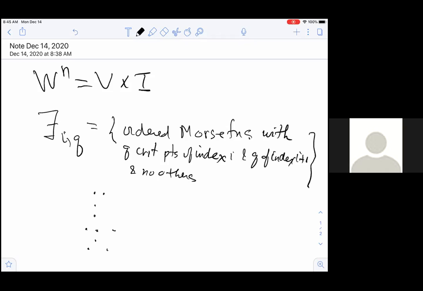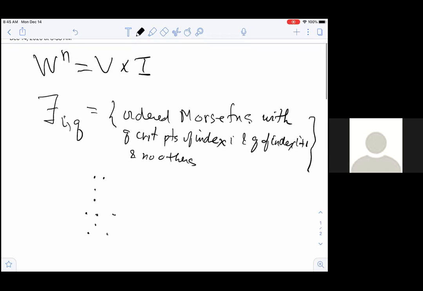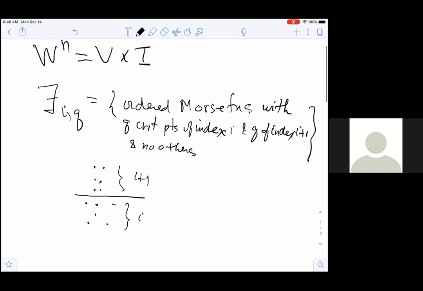The total number of critical points is 2q, q of index I and q of index I plus 1. These are of index I plus 1, and these are of index I. So all the critical points of index I plus 1 occur above all the critical points of index I, but the ones of index I plus 1 can have common critical values, and likewise for index I.